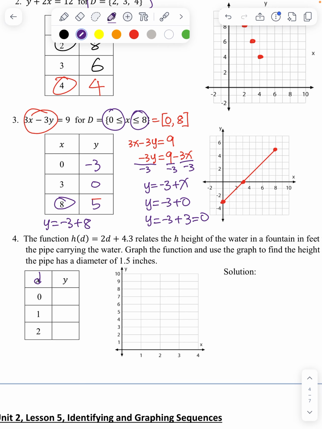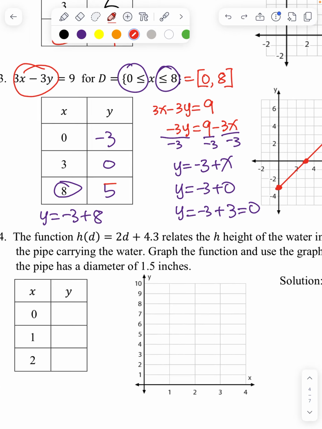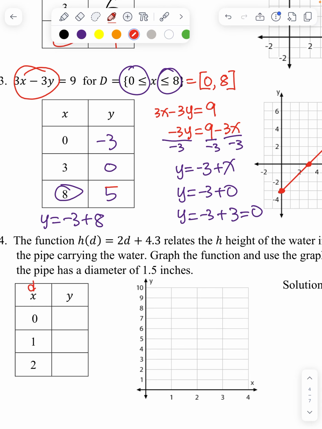This should be h of d. But either way, x and y, same thing. Pretty much the same thing. Let me rewrite. It's d. Inside the parenthesis, always the same as x, right? And the y value is h of d.